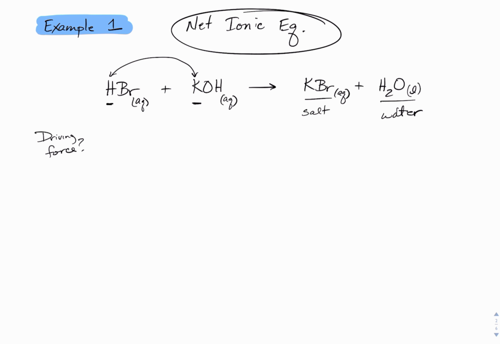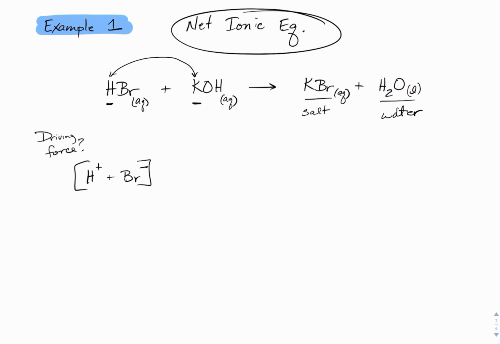So let's start by writing our complete ionic equation. And we're going to take HBr and separate it into its respective cation and anion. And so we'll have H plus and Br minus, and we will bracket those. Now keep in mind, before you start doing this, make sure that your original molecular equation is balanced.